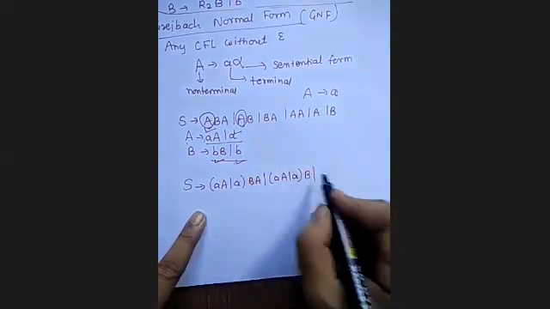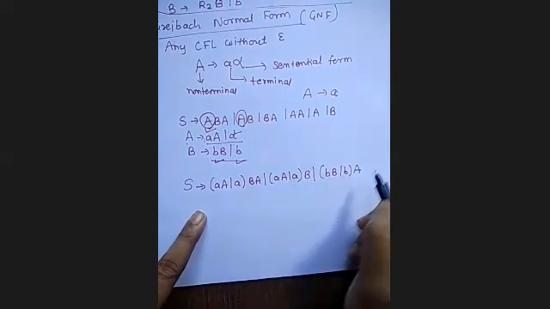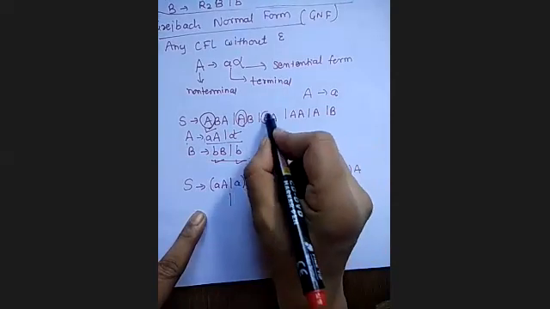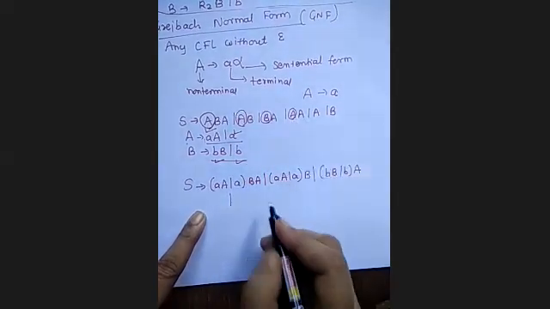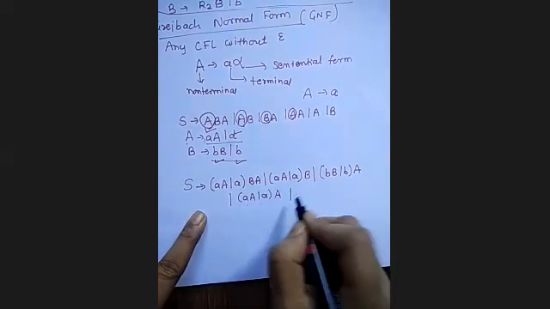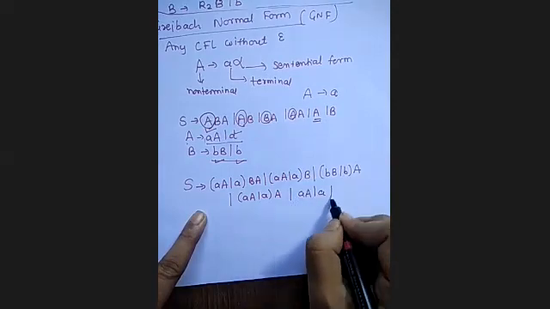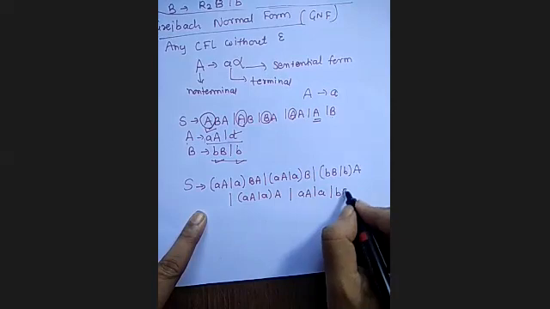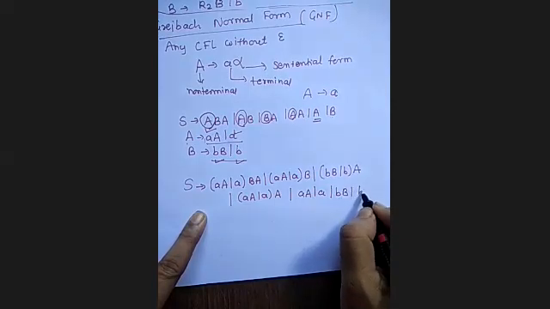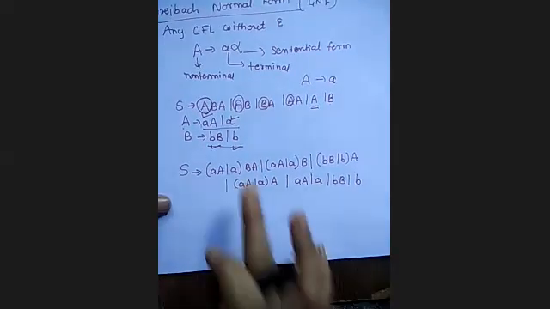This B we replace, and this A we replace, and I'll get aA or a. This B we replace as well. What we did in this case is just substitute, because after substituting we are getting it in the GNF format, if you see.